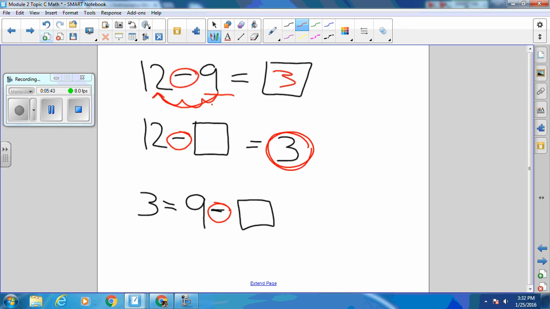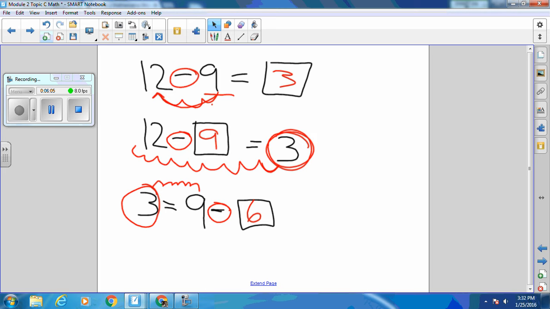Grab my small number, count to my big number. 3, 4, 5, 6, 7, 8, 9, 10, 11, 12. It doesn't matter what the subtraction problem looks like, they're always grabbing and counting.